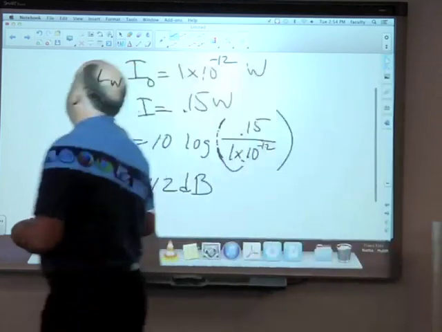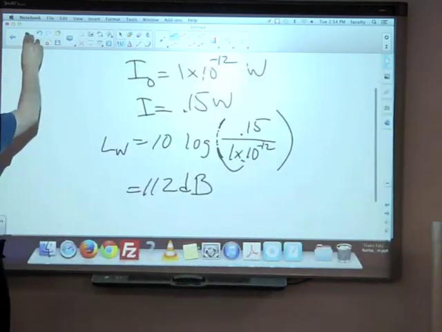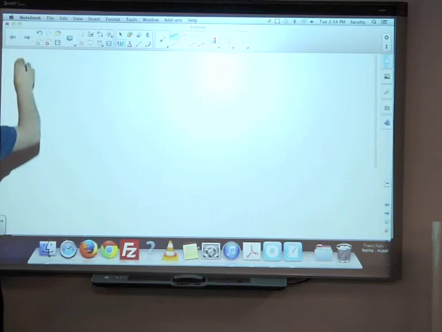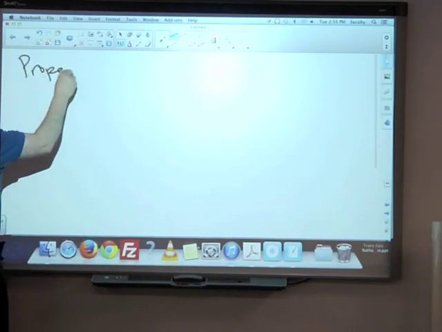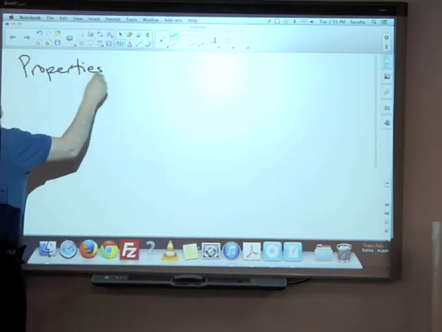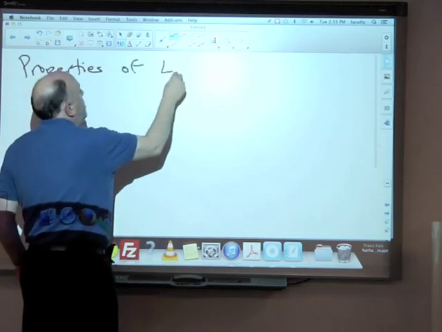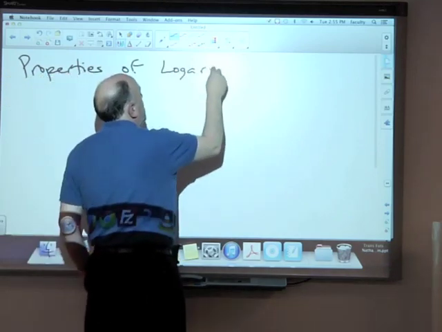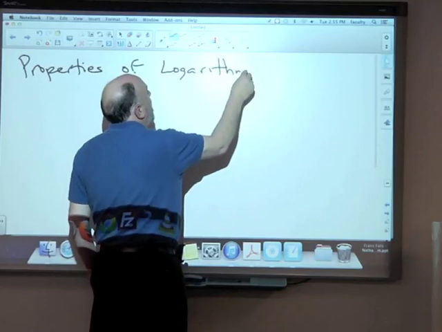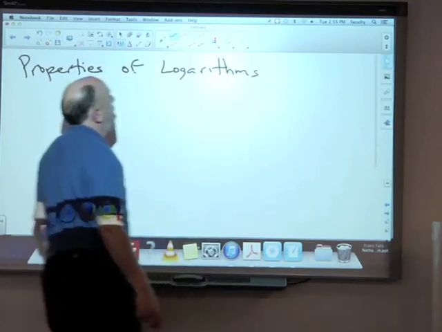So in terms of logarithms, there are some basic properties of logarithms. They come in handy for solving logs.